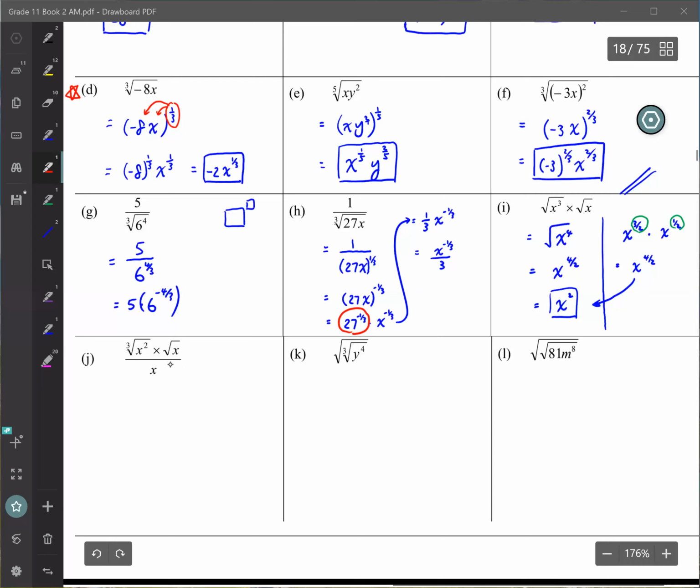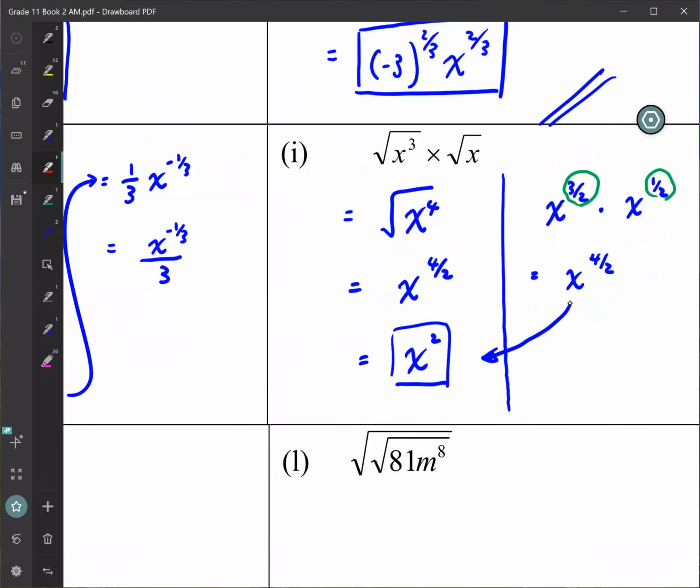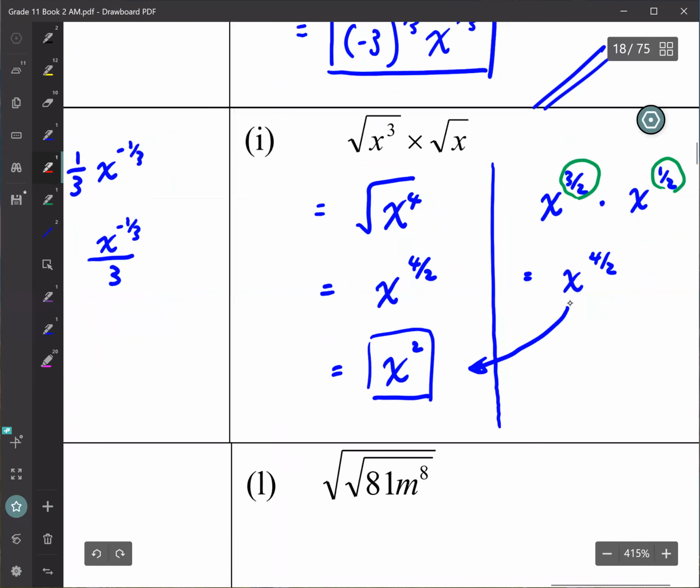So question J is similar to I, but you cannot do it like the first method, okay? Because the roots are not the same. For question I, both of them are square roots, so you can multiply the insides together.